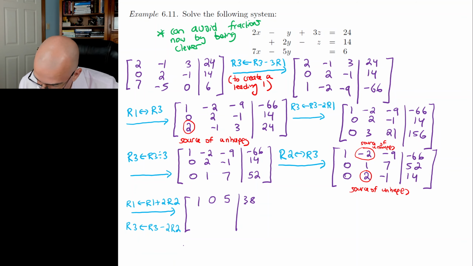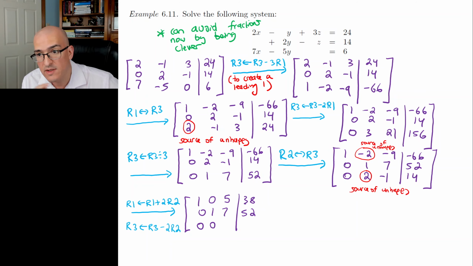Row 2 stays the same, 0, 1, 7, 52, and row 3 becomes 0 minus 2 times 0, which is 0, 2 minus 2 times 1, which is 0, and then negative 1 minus 2 times 7. So negative 1 minus 14, negative 15. And the last one I'm really hoping is a multiple of 15, or we're in deep trouble with fractions. I made a mistake somewhere.